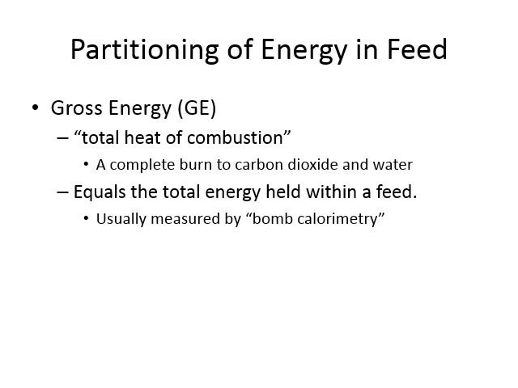So to measure the total energy within a feed, we do something that's called bomb calorimetry. Bomb calorimetry is a small steel container. We put the feed sample in there. We cover it with a lid that's got electrodes on it. We submerge that whole thing in water and we run electricity through that feedstuff and we burn everything to CO2 and water.